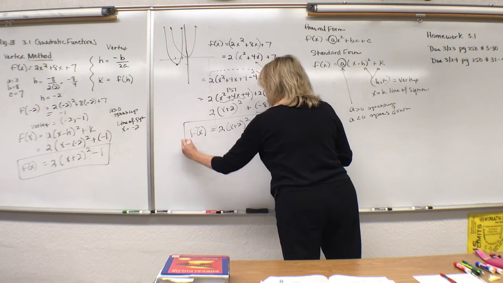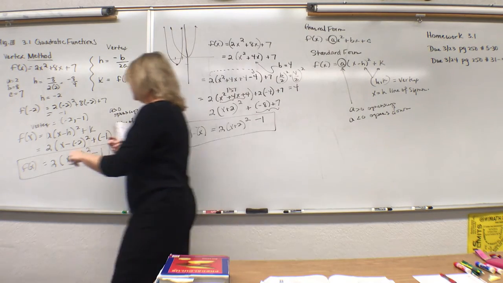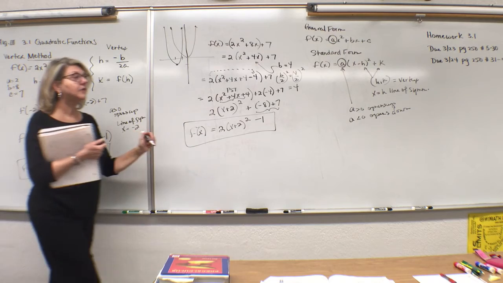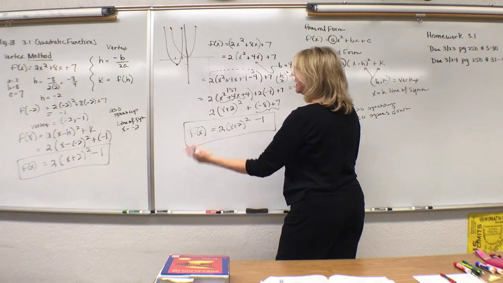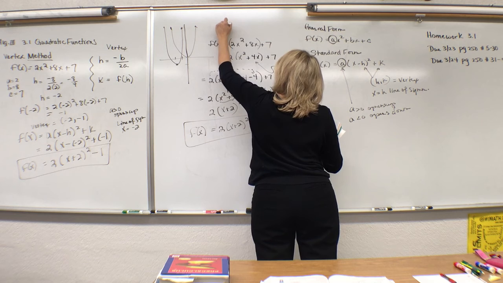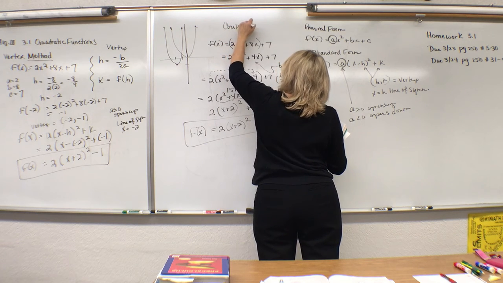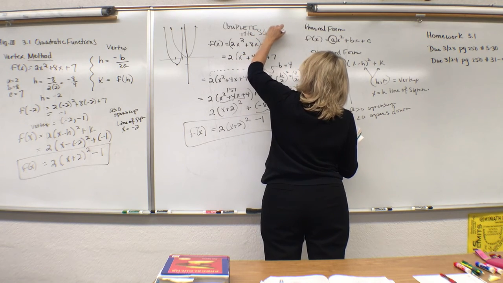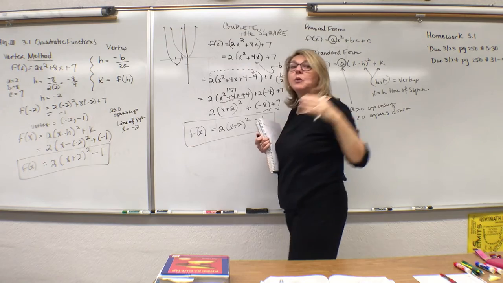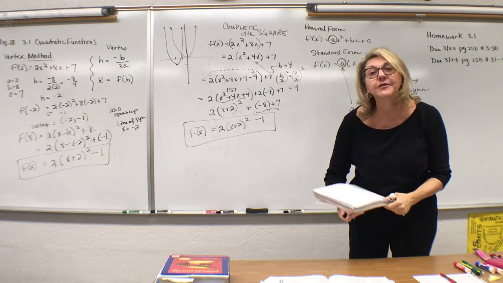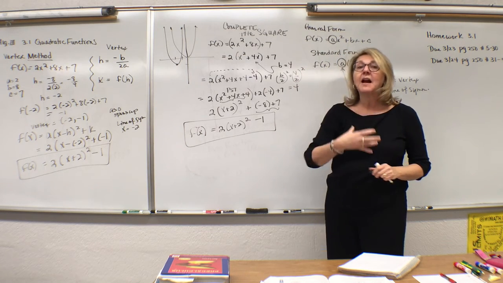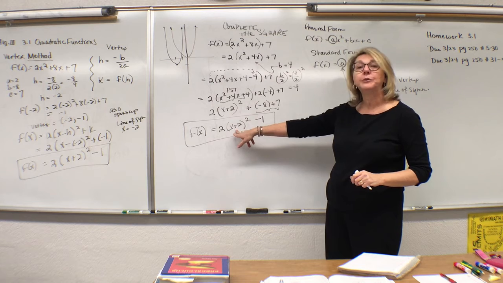And if I compare this standard form to the standard form over here, they are in fact identical. So I can use the vertex method to transform from general form to standard form. I also can complete the square. The goal, again, is to be able to sketch by hand, to be able to use the transformations of the parent function f of x equals x squared, and to recognize and appreciate that I've moved left 2.